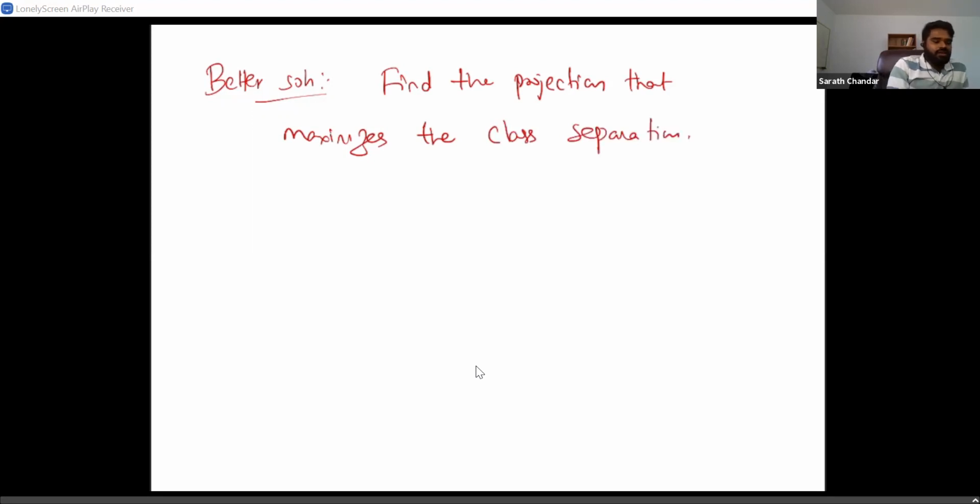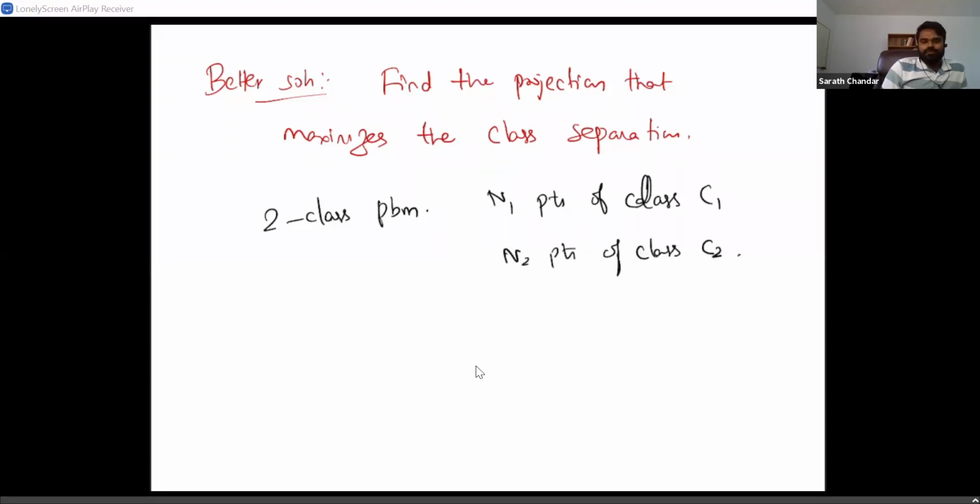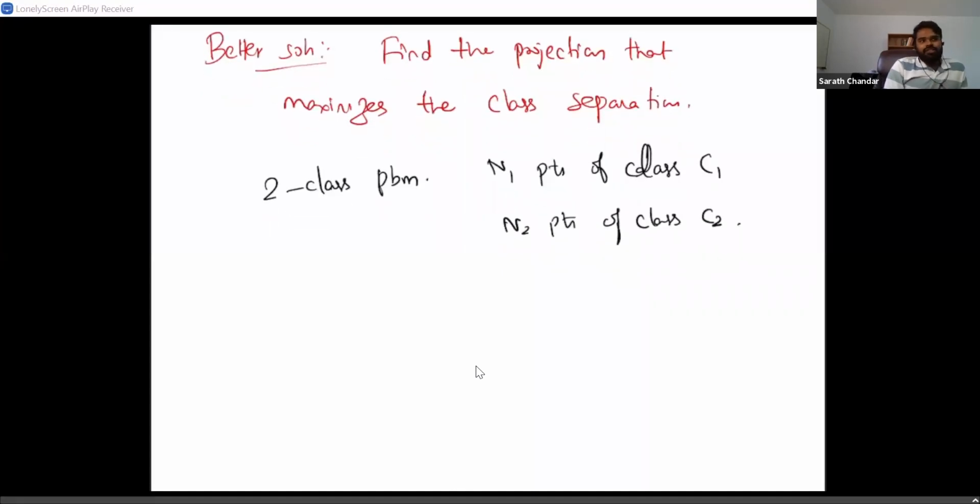Is that clear? Now consider a two-class problem in which I have n1 points of class C1 and n2 points of class C2. What would be the mean for these two classes?